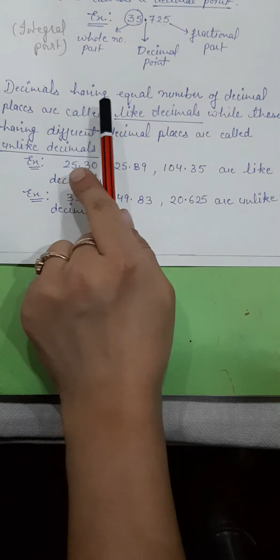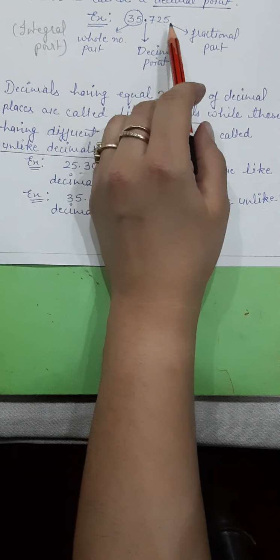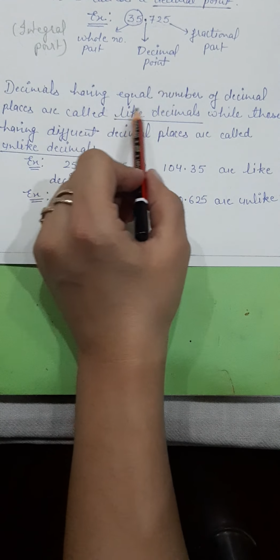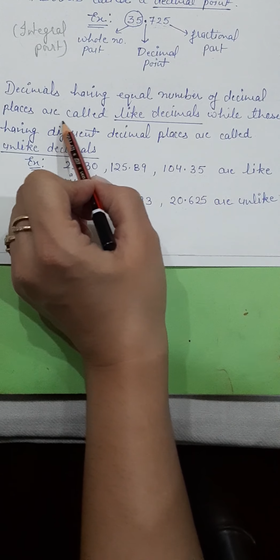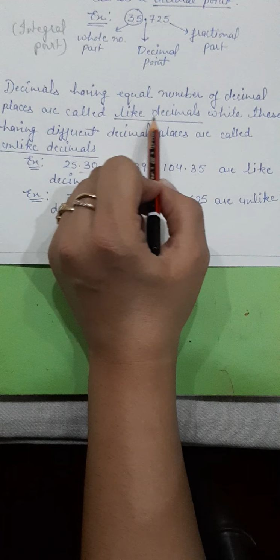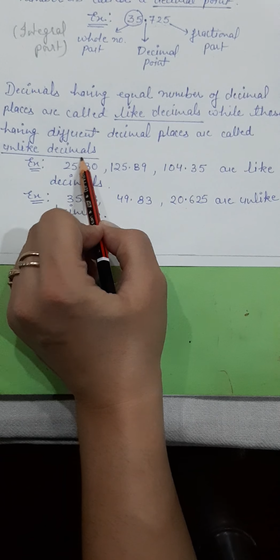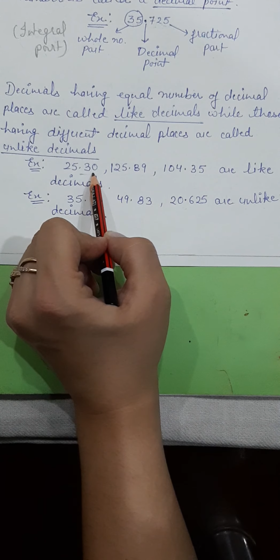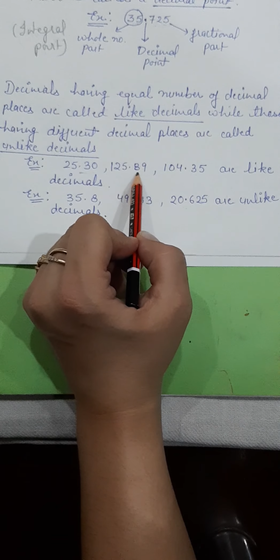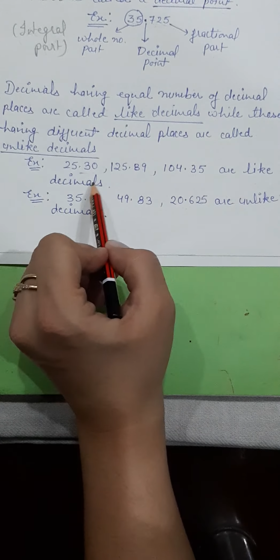These are decimal places. If numbers have an equal number of decimal places, those decimals are called like decimals, while those having different decimal places are called unlike decimals. For example, 25.30, 125.89, 104.35 are like decimals.